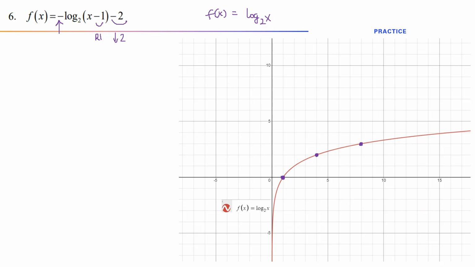I try to find the points at the intersections of the grid right here, so it's easy to count the units. So we go down 2 units, then go to the right 1 unit. Down 2, then right 1. We might have it look like that, right?